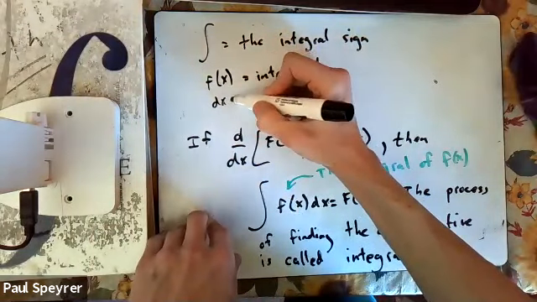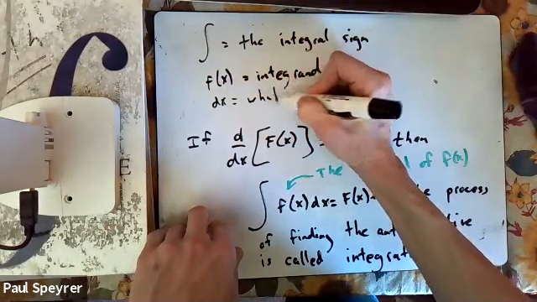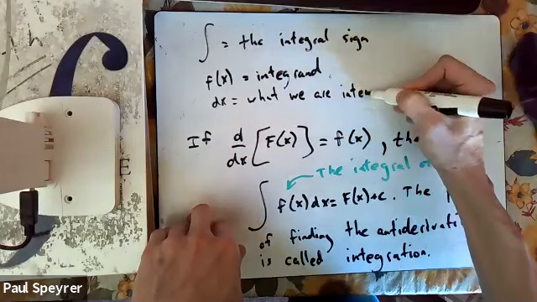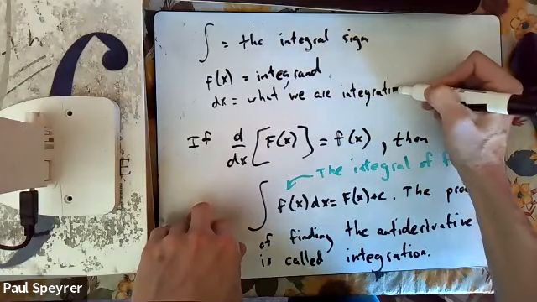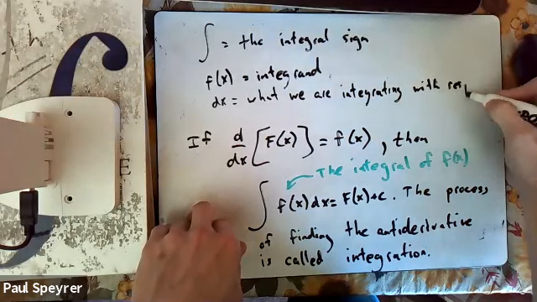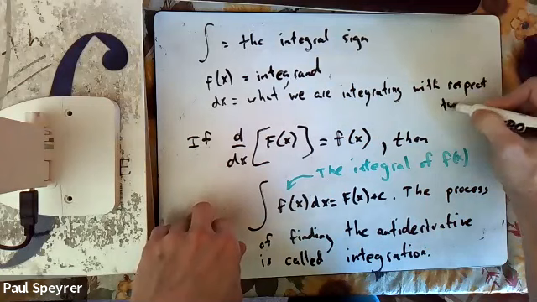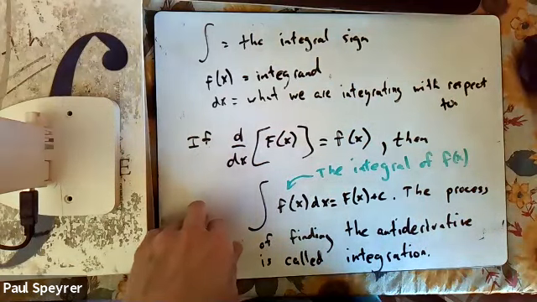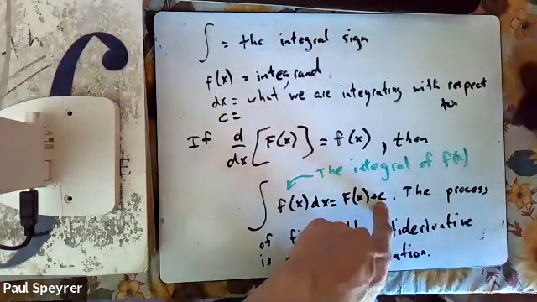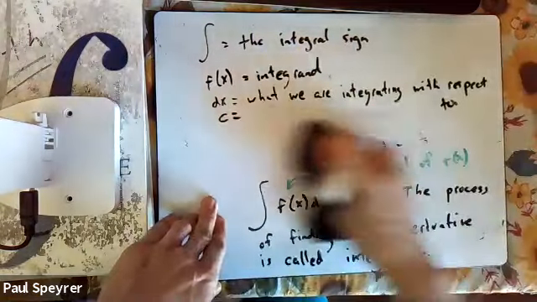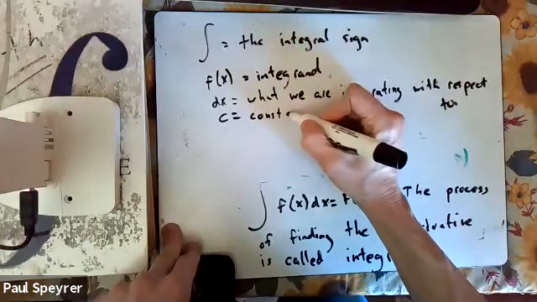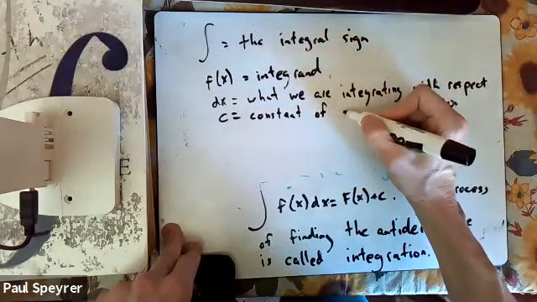Dx, as I mentioned before, is what we are integrating with respect to. And that c, as I mentioned before, is just the constant of integration.